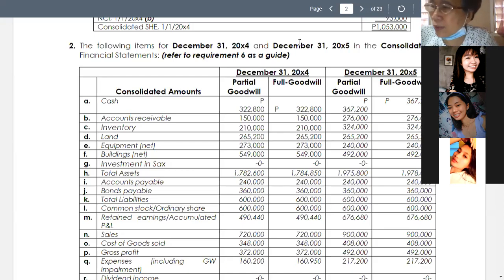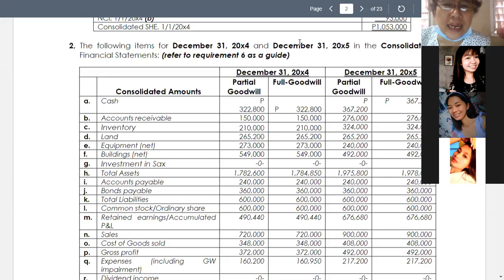Again, we have the total 240,000, adding 120 and 120. Then for bonds payable, we have now 240 and 120, so it's 360. We get the total liabilities as 600,000.